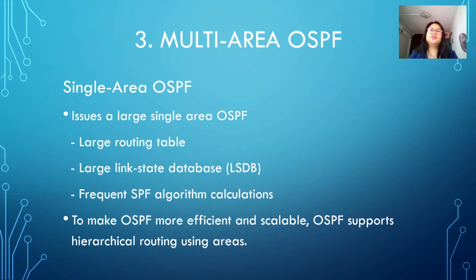Let's move to the third topic, which is multi-area OSPF. Let's review single area OSPF. Issues of a large single area OSPF: large routing table, large link state database, and frequent SPF algorithm calculations. To make OSPF more efficient and scalable, OSPF supports hierarchical routing using areas.